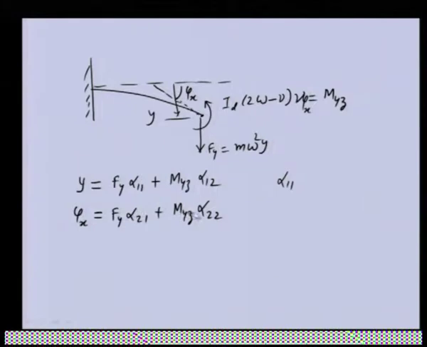On the same lines, we can define alpha 21, that is an angular displacement for unit force keeping moment 0, and it is very clear that alpha 22 can be defined as angular displacement for unit moment keeping all other forces equal to 0. So this is the definition of the influence coefficients, and these can be obtained from simple bending of beam formulas.